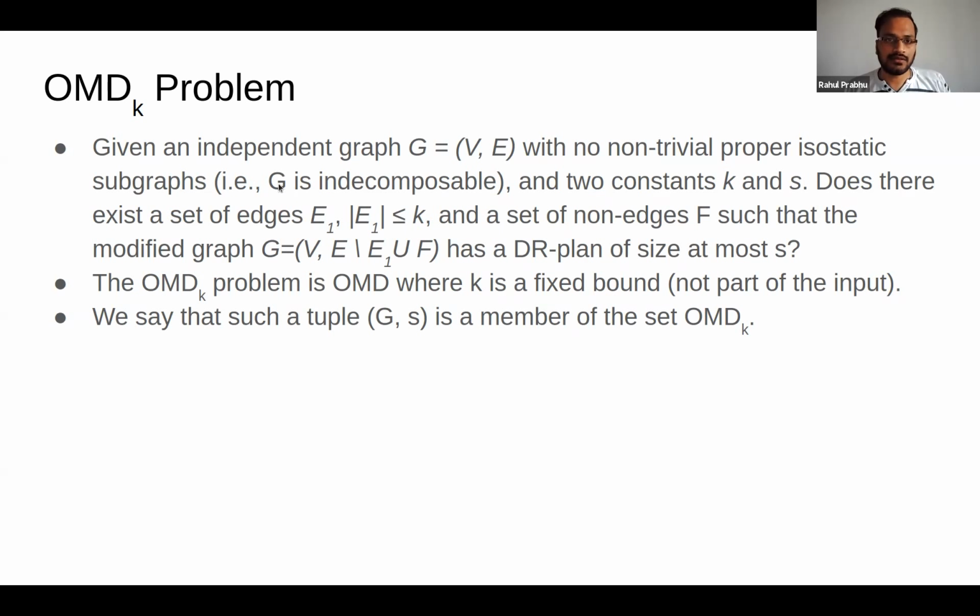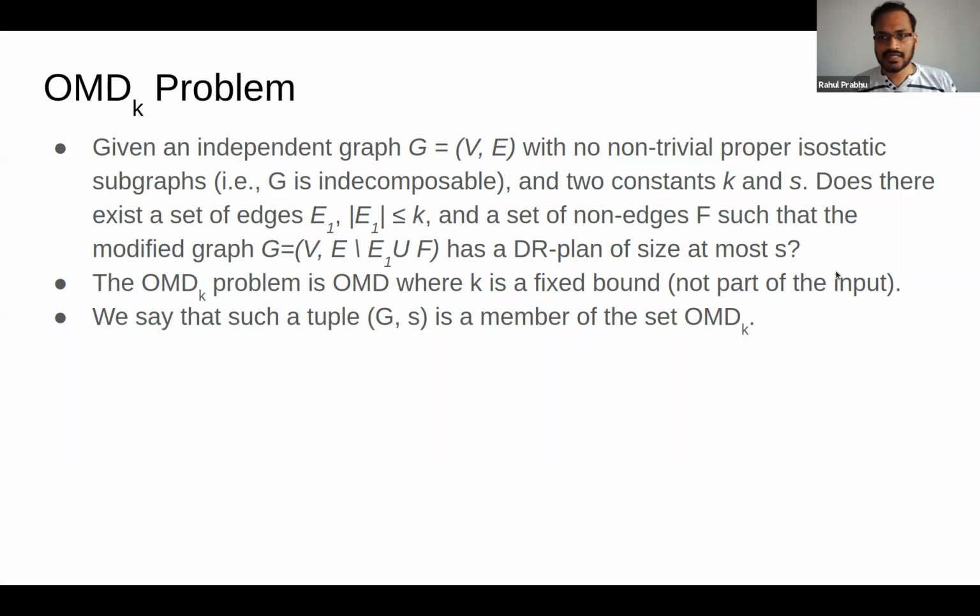That is, your original graph G is indecomposable, and you're given two constants K and S. The question of the OMDK problem is, does there exist a set of edges that I can remove from the original graph G, no more than K edges, and a set of non-edges F, so that the modified graph where I remove the edges in E1 and add the edges in the set of non-edges F has a DR plan of size at most S.